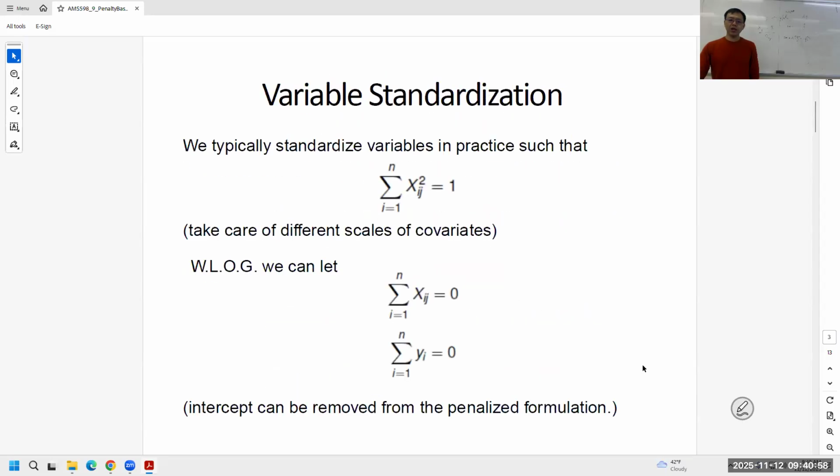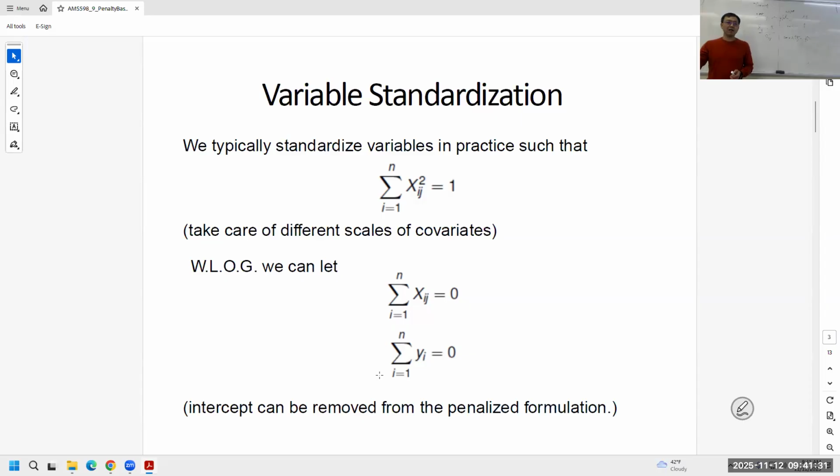One more thing I want to talk about regarding standardization is that usually when you fit the model, you have a training data and you have a test data. When you standardize a variable, making it mean 0 and variance 1, you subtract the mean and divide by the standard deviation of the variable.